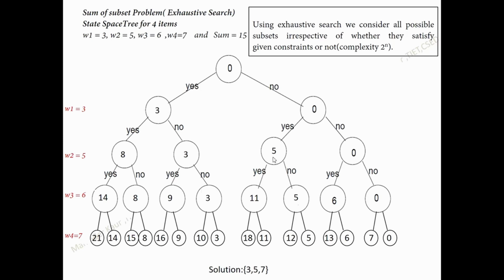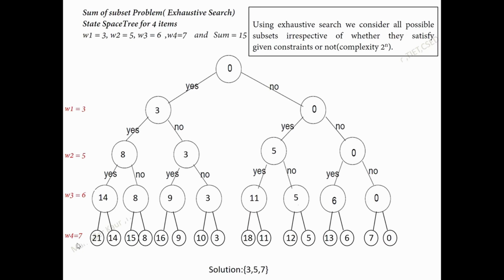Similarly, for the 5 node, if 6 is chosen, the value is 11. For the right branch, as element 6 is not being considered, the value of the node will remain 5. In this case, if the element 6 has been chosen, the value will be equal to 6. And in this case, the element is not being chosen, so the value will remain 0.